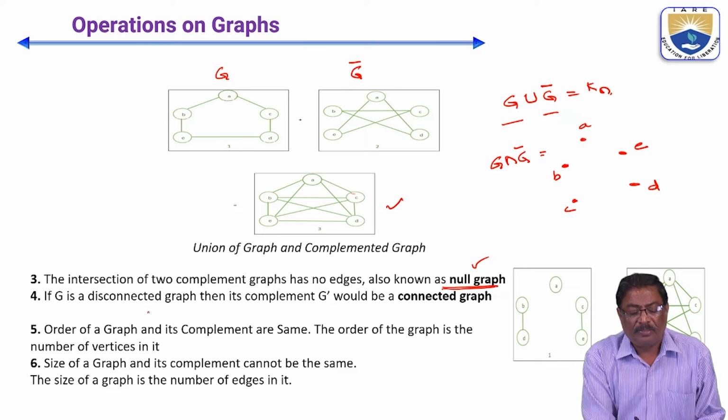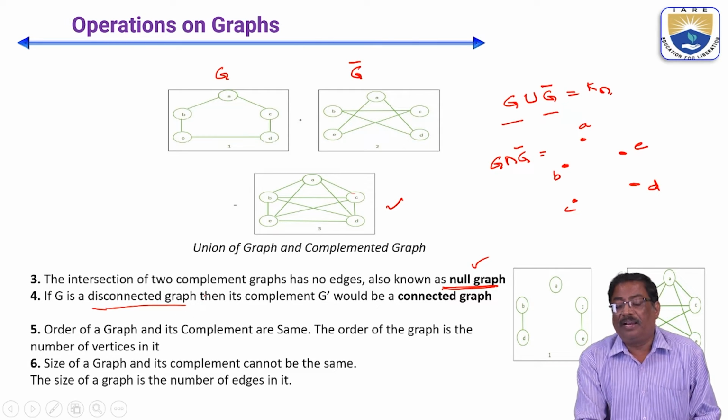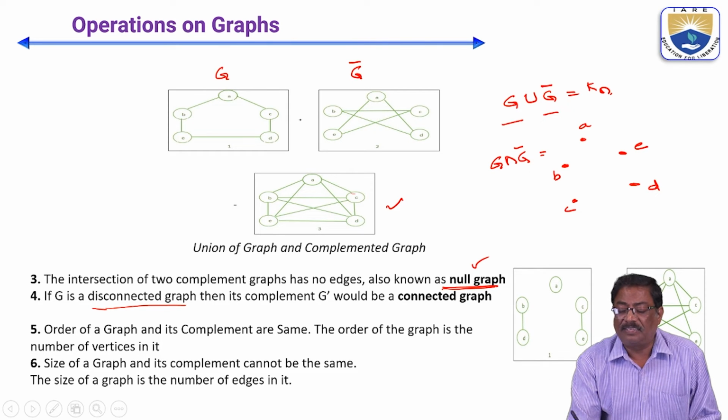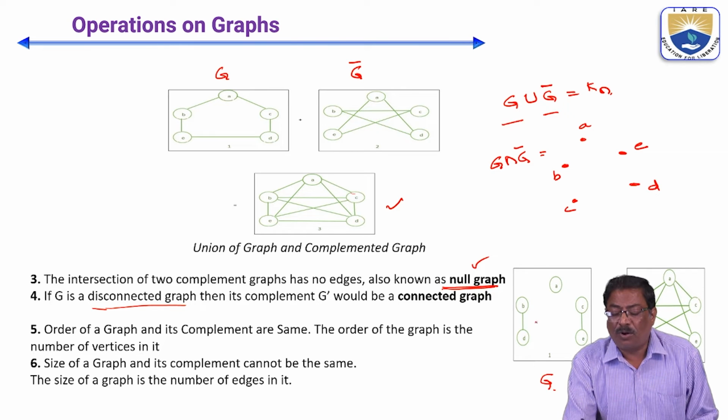If G is a disconnected graph, then its complement is a connected graph. Observe this. This is a disconnected graph. Let us say this is the graph G, the graph Z. Whatever edges are there, those edges will not be there in its complement.